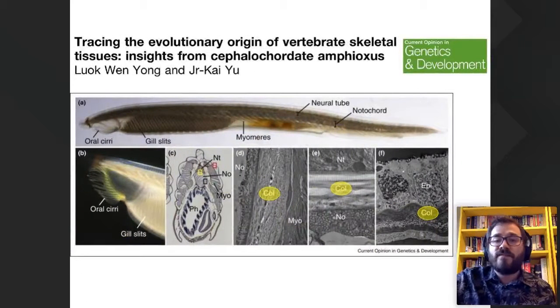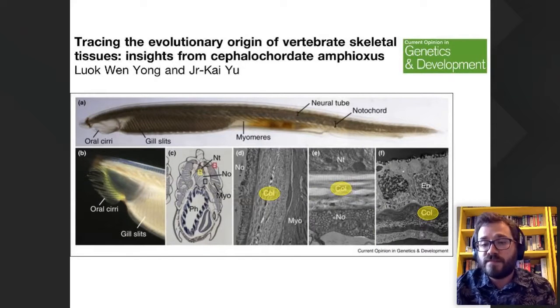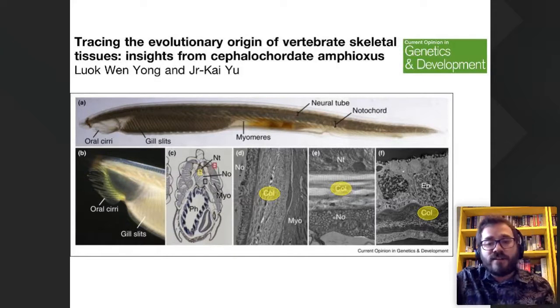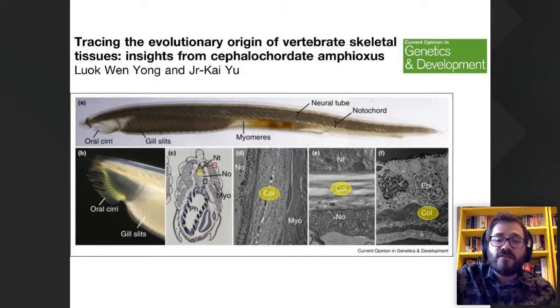Well, there's potentially some evidence in modern organisms to try and fill in the gap where the fossil record can't necessarily help us. So this fascinating little creature, only a few tens of millimeters in length, is called Amphioxus, and it's our nearest invertebrate relative.